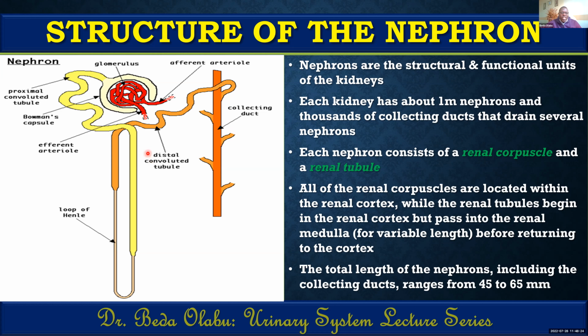We are going to see which kinds of nephrons have their tubules largely within the medulla and which ones do not. The total length of a nephron, if you add the collecting duct, will range about 45 to 65 millimeters.